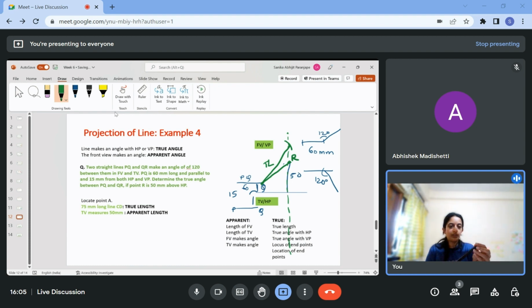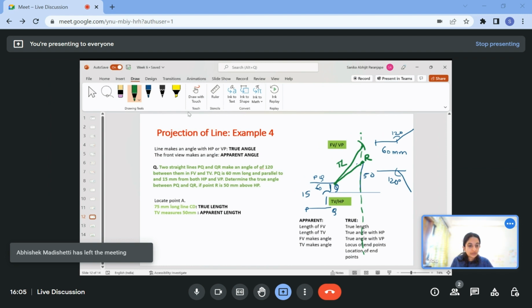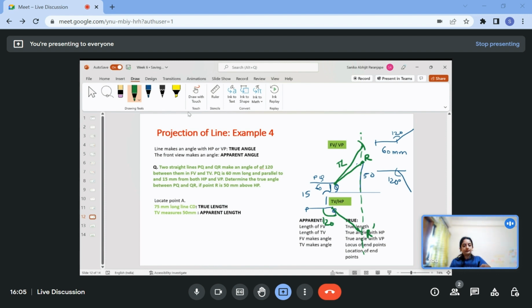If this is QR, this is Q, right? And I know that QR makes an angle of 120. So I already have this angle, and since I marked this, I also have this R dash here. This R dash is projected in the horizontal plane, it is the projection of this line in the horizontal plane.